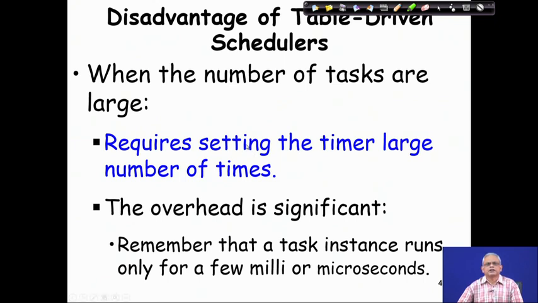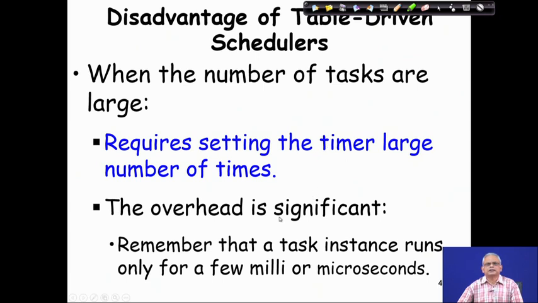A major component of that is setting the timer. The other things like incrementing the entry count pointer, etc., do not take much time. A large amount of time is taken in setting the timer.